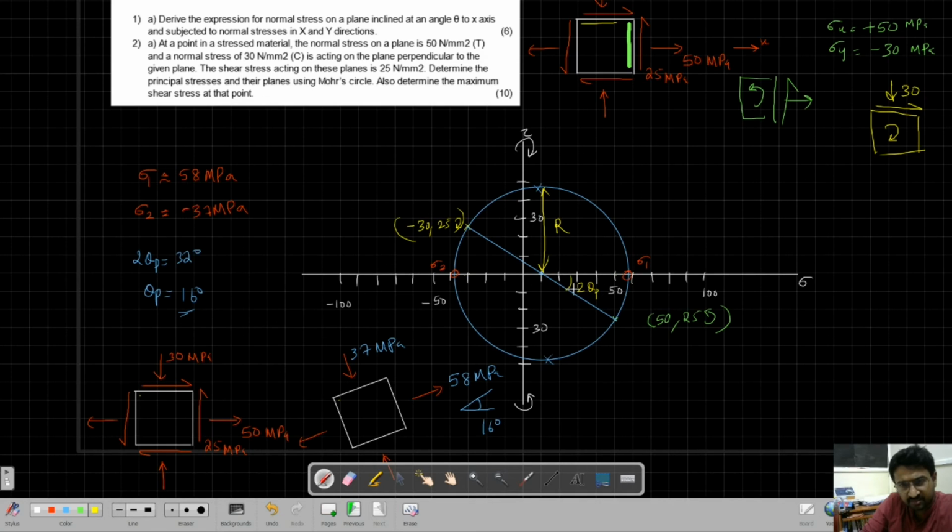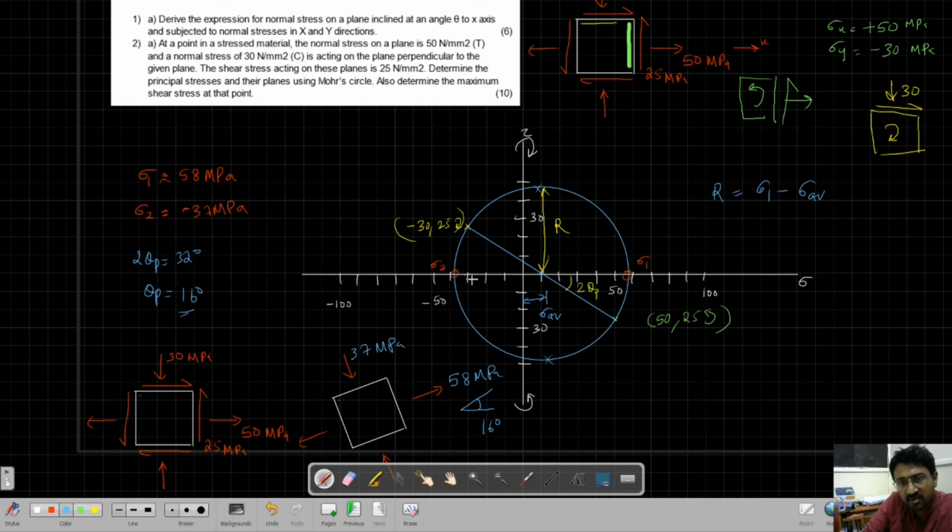There are many ways to find it. The best way is sigma 1 minus the center. So the radius of the circle is sigma 1 minus, I'll call this center location, commonly called sigma average. This comes out to be 10.